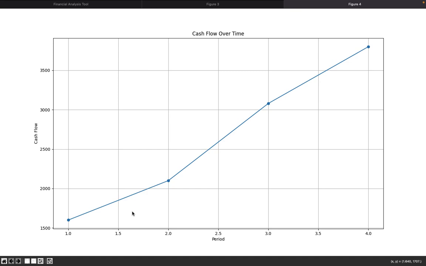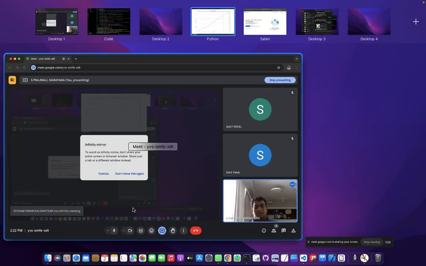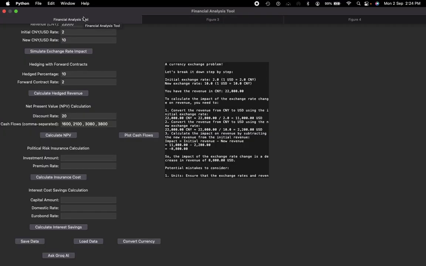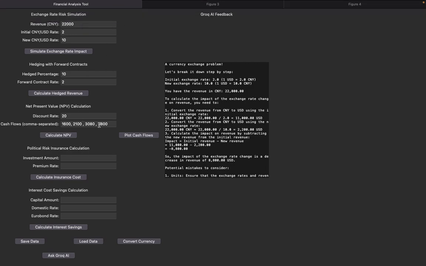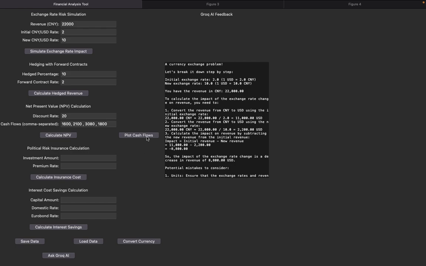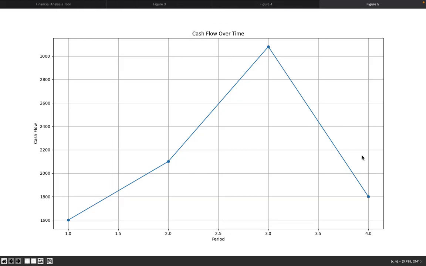When it comes to a large amount of hedge funding, NPV, and cash flows, we would have a non-stable graph or sometimes a graph with a dip. For example, to showcase that, we can change the last cash flow value to 1800, which would show us the NPV, and this would be the graph. So this would be a depiction of cash flow and period.